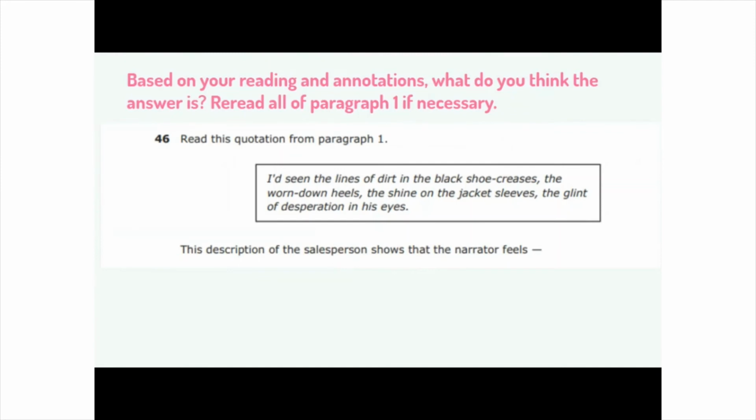So let's first do this. Based off this description, does the narrator feel positive, neutral, or negative? Okay, what do we think? Does the narrator feel positive, negative, or neutral towards him, based off this description?